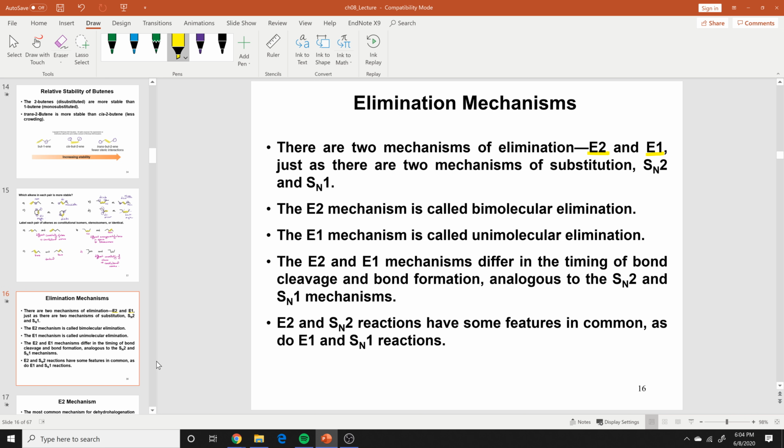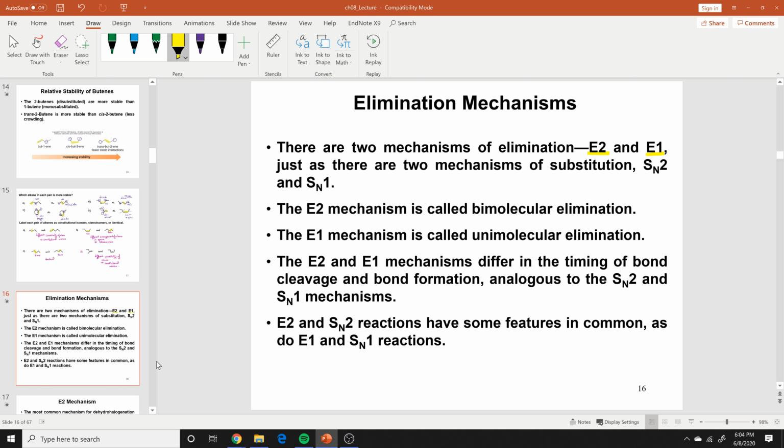So the ones happen together. E1 happens with SN1. E2 might happen with SN2. Some reactions, under certain conditions, require only E2 as a product. They don't have SN2. And vice versa for the twos. But always with respect to the ones, whenever you have an E1, you're going to end up having an SN1 as a product.